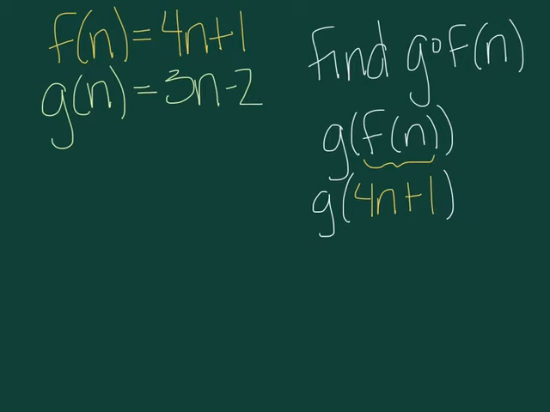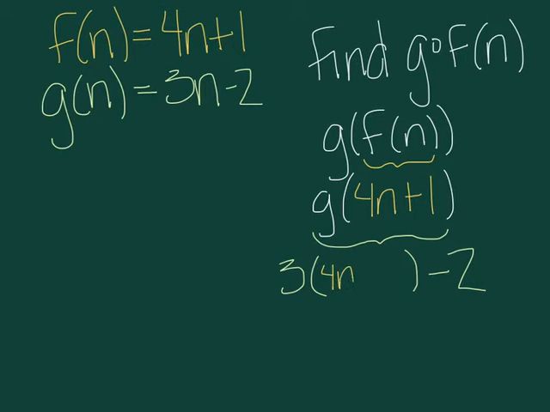All we're saying is that instead of n in g of n, we're going to replace n with 4n plus 1. If we look at g of n, we know that's 3 times n minus 2, and the n that we're using is this 4n plus 1.